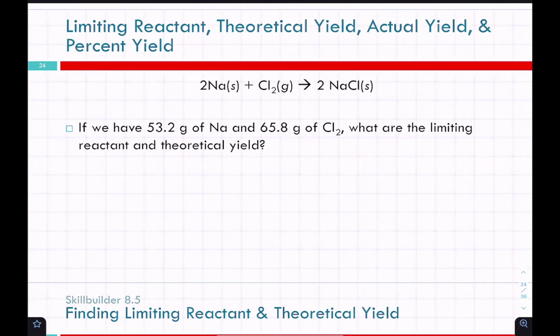If we have 53.2 grams sodium, what's the first step here? We're starting here, grams of A. Find the ratio.